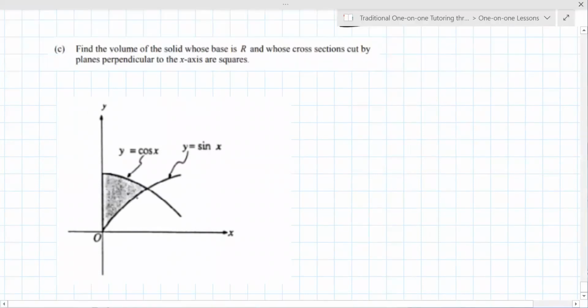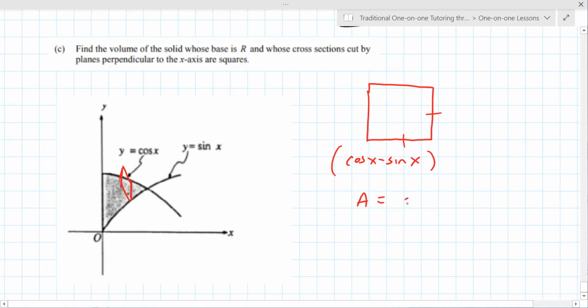So I take that to mean like this is a square, is what they're saying. And the square, its side length is cosine x minus sine x. And since it's a square, so is the other. So the area is cosine x minus sine x times itself, which is this.